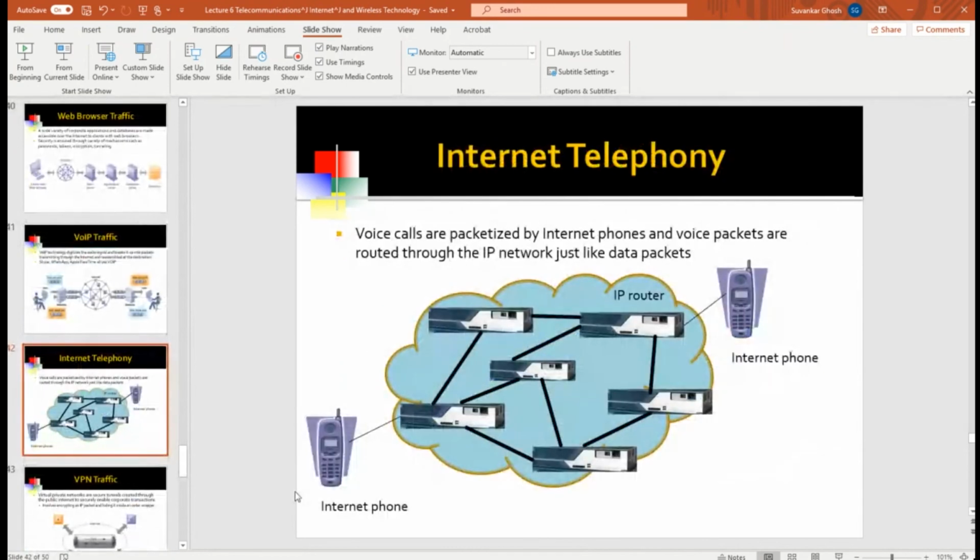The reason why at one point people thought that voice over IP was going to take off is because of internet telephony. People thought that everybody was going to have these internet phones. Vonage was the pioneering company in internet phones.